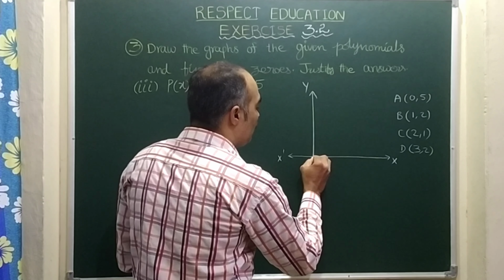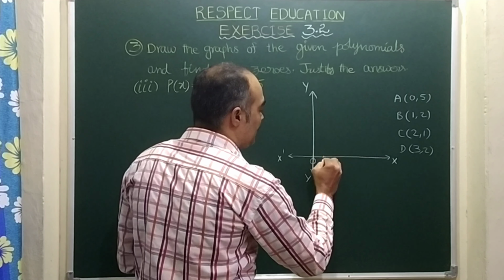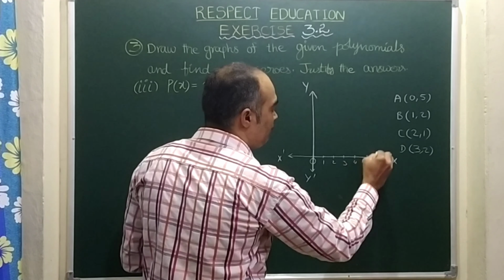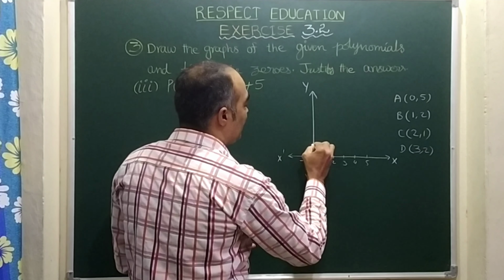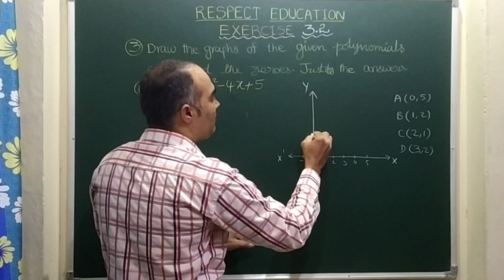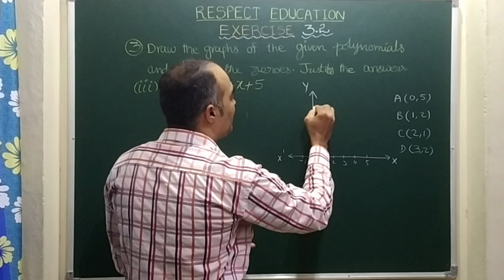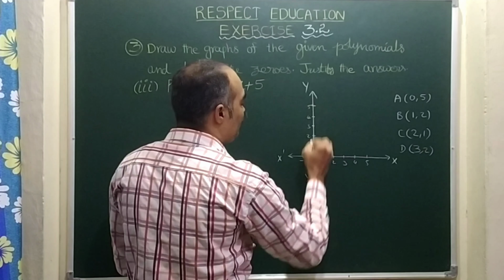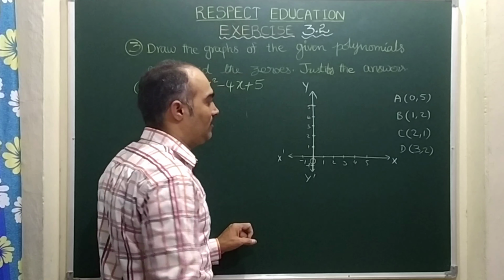So here it is O 0, 0. This is here 1, 2, 3, 4, 5. Here it is negative 1. Here y values, we have maximum value 5 only. So we can take 1 centimeter as 1 unit. So here I am taking this is 1, 2, 3, 4 and then 5, here just minus 1.